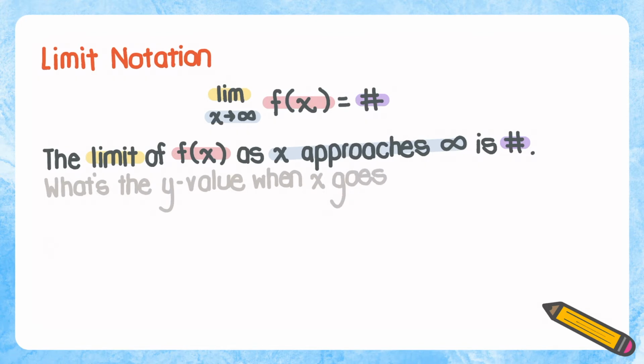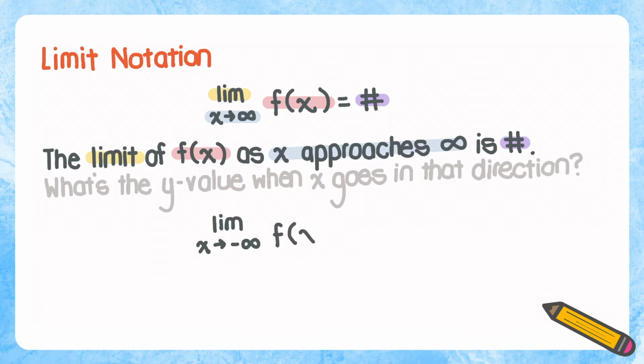So as we go to the far right. And so this y value would be our end behavior for going to the far right. We also have the option when x goes to negative infinity.